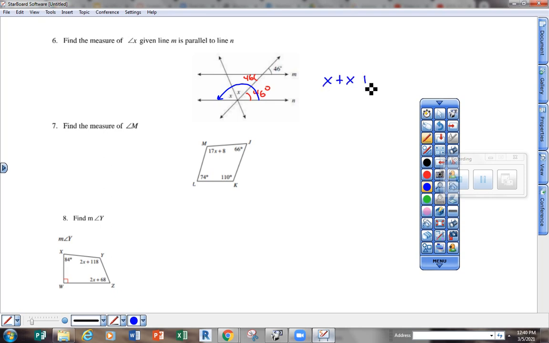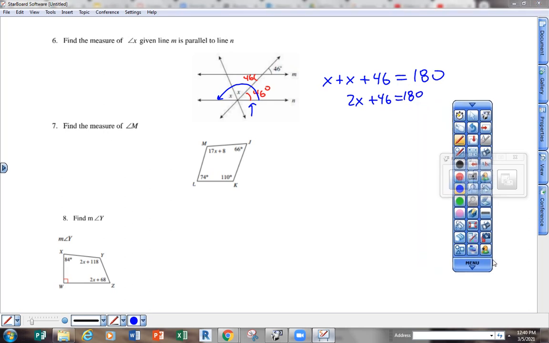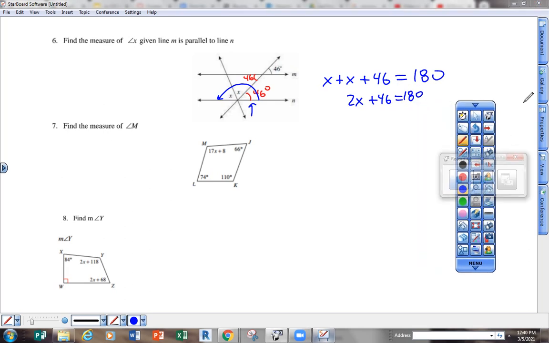So x plus that 46 degree angle that I know goes right here because of vertical angle rule, switching to alternate interior to get that to be 46. That equals 180. So 2x plus 46 equals 180. Take away 46 on both sides.